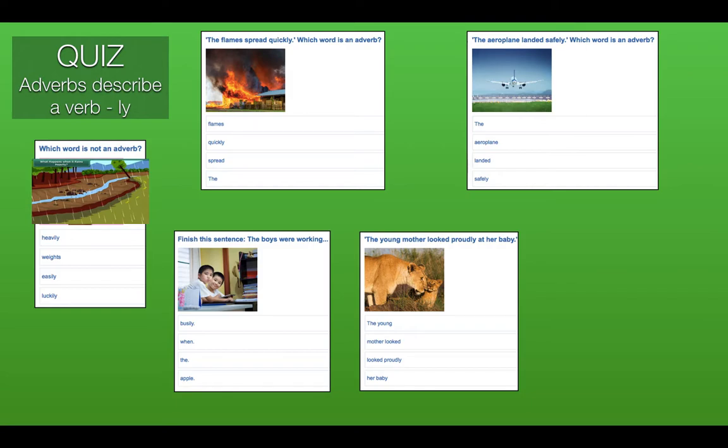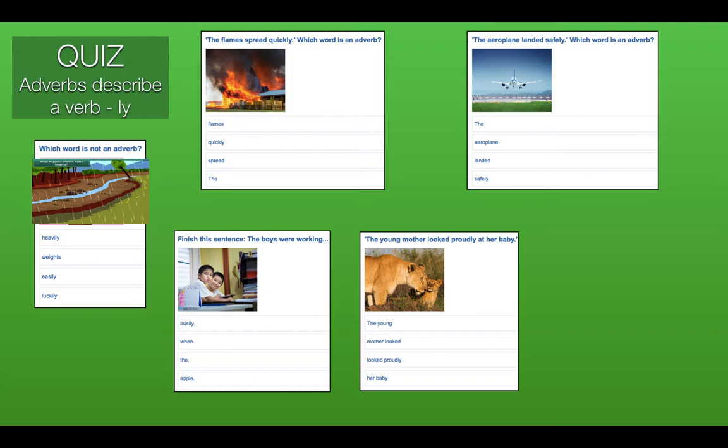So you need to select the verb and the adverb. Is it number 1, the and young, number 2, mother and looked, number 3, looked and proudly, or number 4, her and baby?